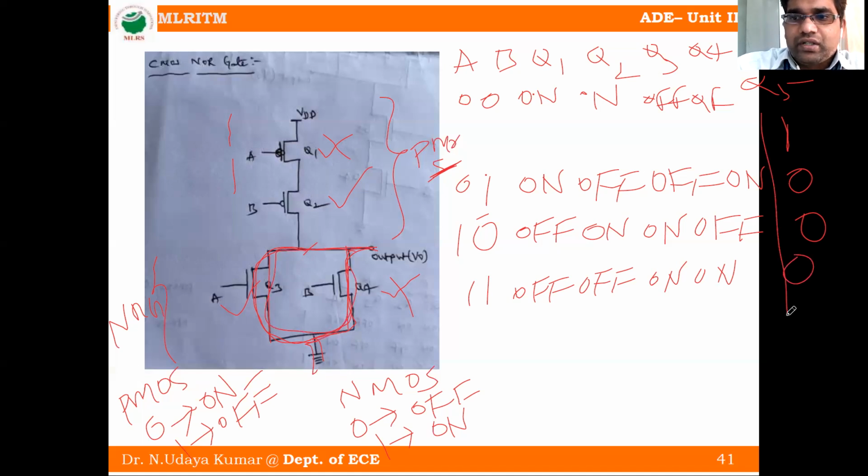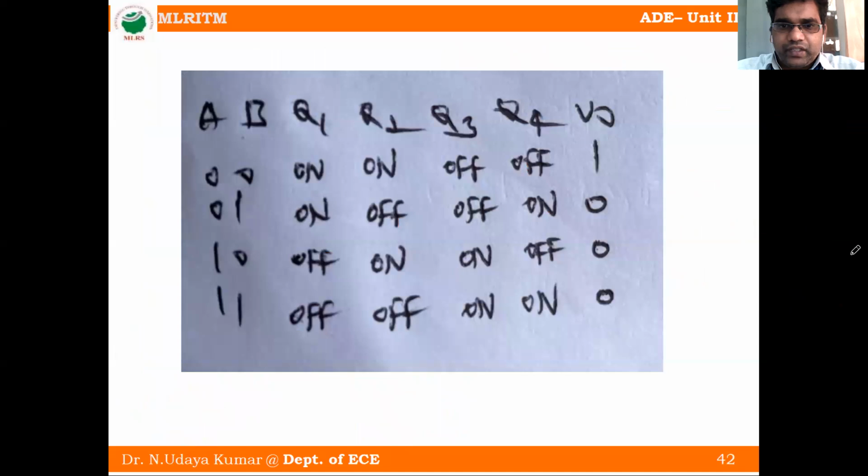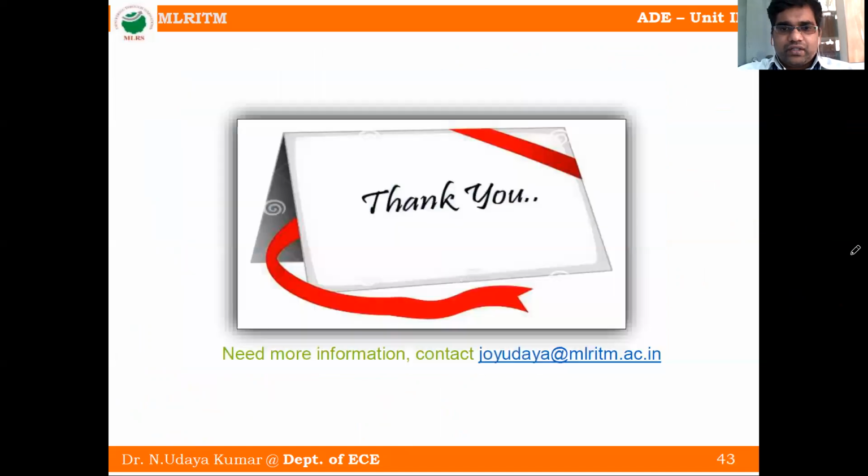So this is called the NOR operation of the CMOS NOR gate. For 0 0 we will get 1, 0 1 we will get 0, 1 0 we will get 0, and 1 1 we will get 0. So this is the truth table for the CMOS NOR gate.